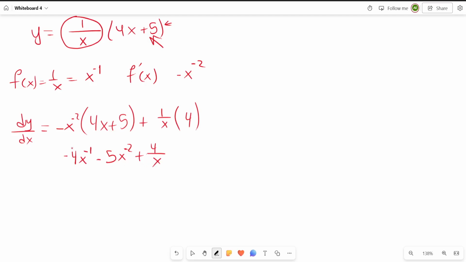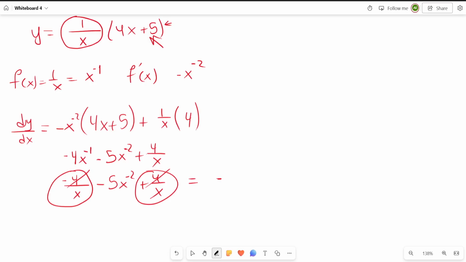This could be written as negative 4 over x minus 5x power negative 2 plus 4 over x. We know that this is negative, this is positive, they can cancel with each other, and then our answer is going to be negative 5x power negative 2, or I can rewrite it as negative 5 over x squared.